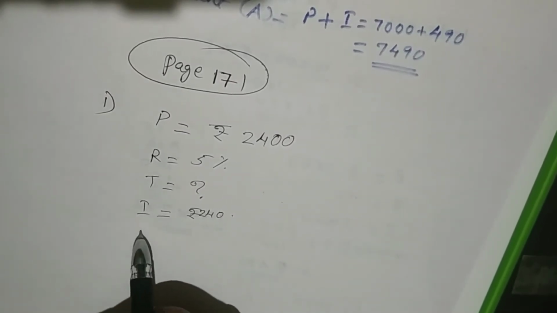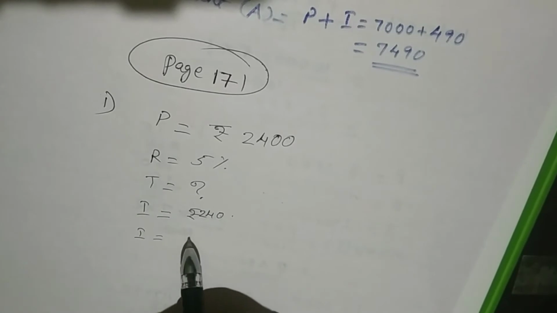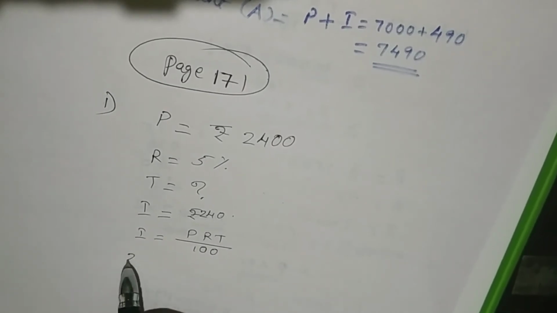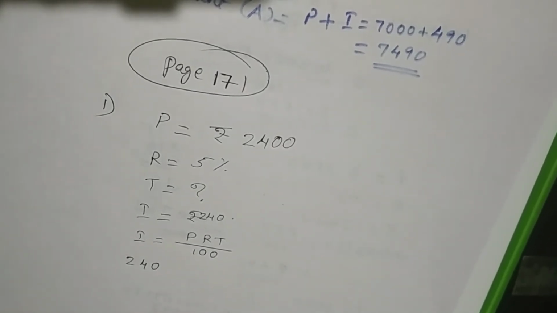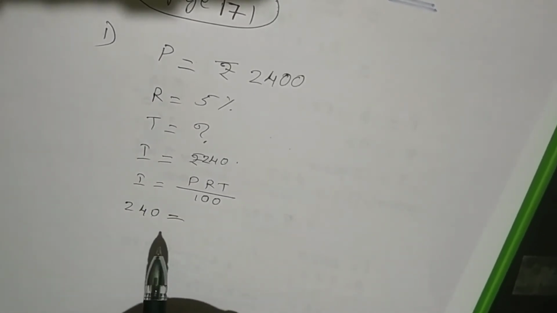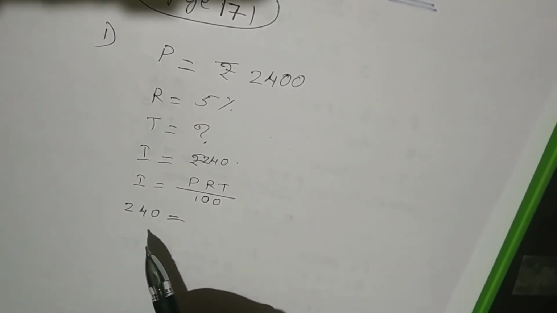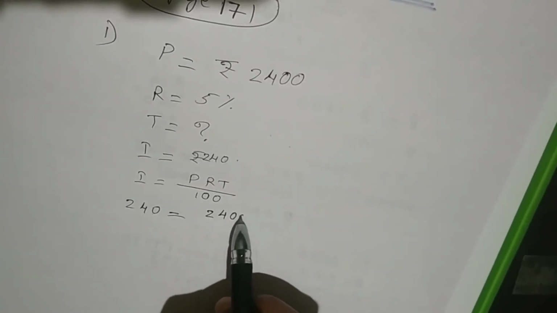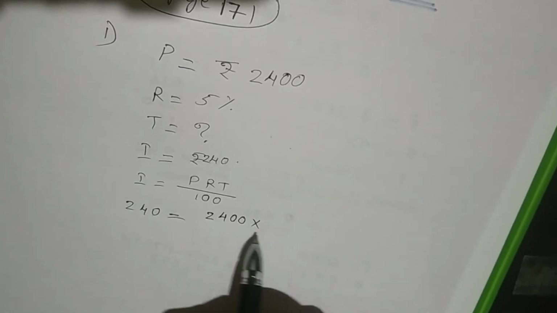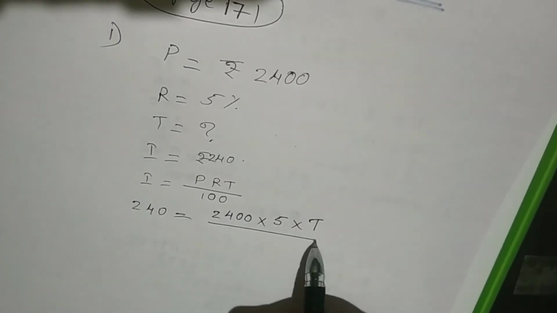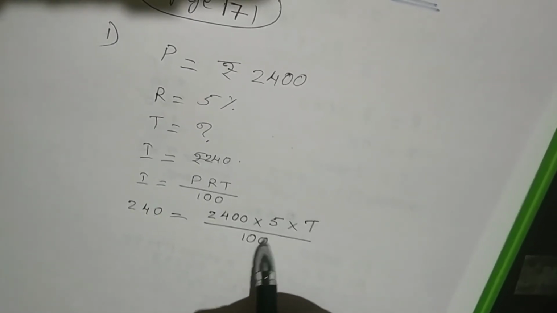We know the equation I is equal to PRT on 100. Here 240, because we know the interest, that is the I. 240 is equal to P, we know 2400, times R 5, T we don't know, and 100.